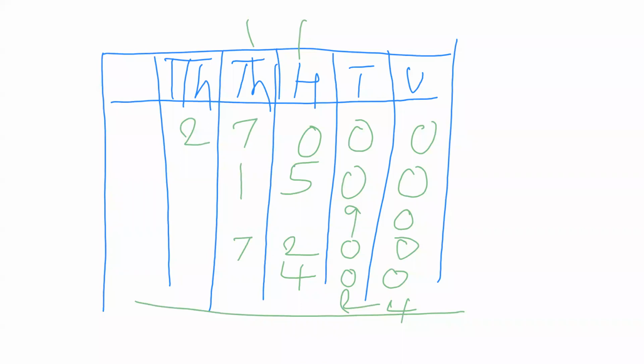Now in the 1000th place, 1 plus 7 is 8. 8 plus 1 is 9. And 9 plus 7 is 17. Correct. It's 16. So write 6 at the 1000th place and carry 1 at the 10,000 place. Now look at the 10,000 place. It's 2 plus 1 is 3.